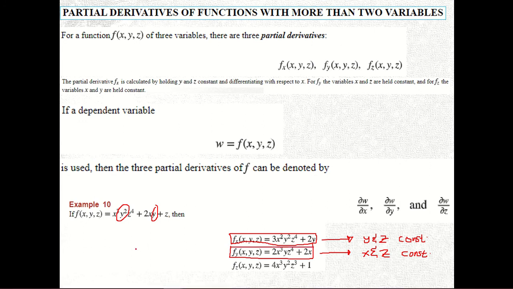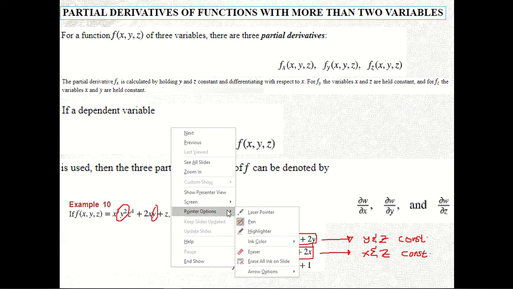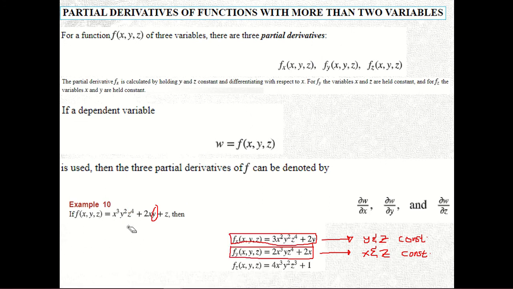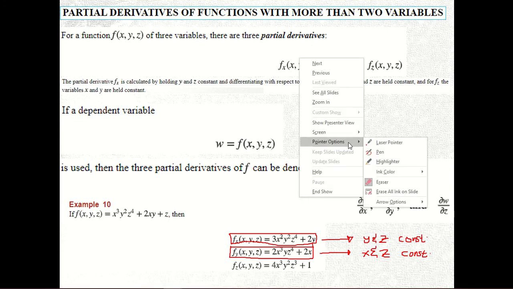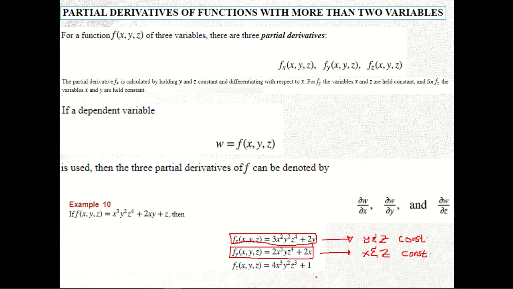Now the third one. For the third one, the partial derivative of the given function with respect to z. With respect to z, we need to hold x and y as constant.